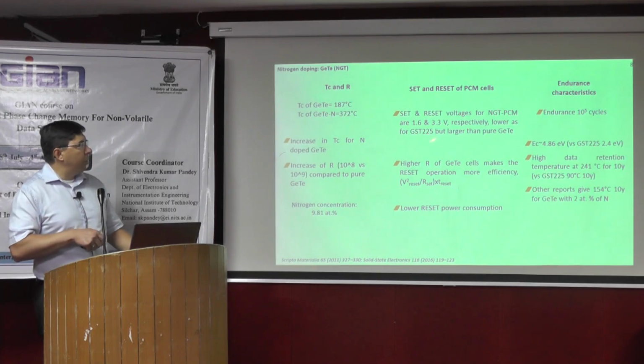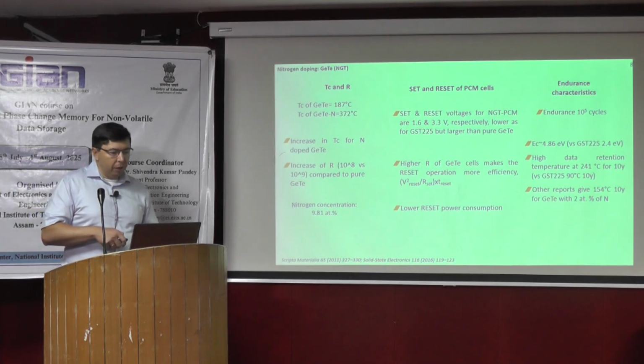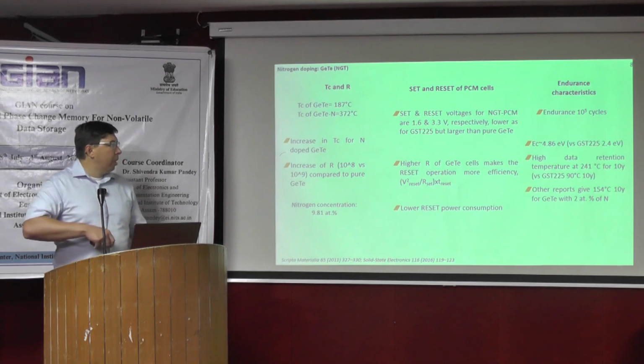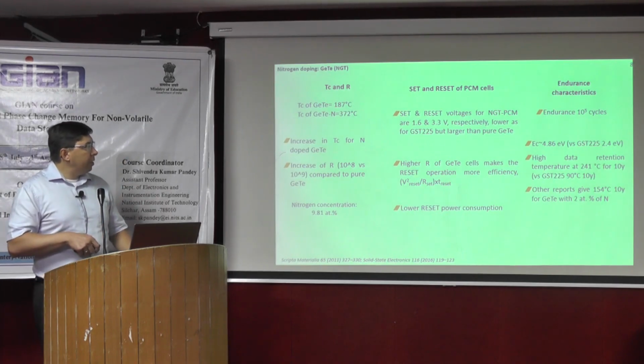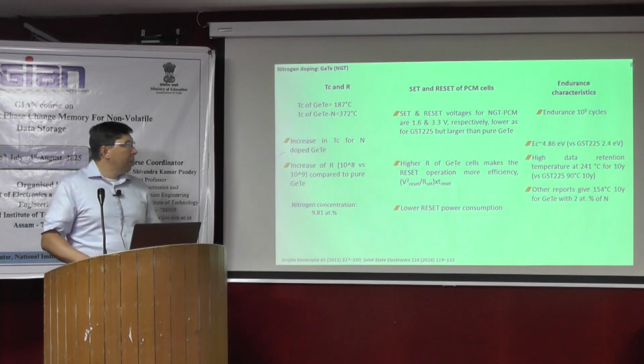Set and reset voltages are also lower compared to the GST225, but they introduce a reverse effect, they are somehow larger than for pure germanium telluride. But this higher resistance of the cell makes the operation of the cell much more efficient.